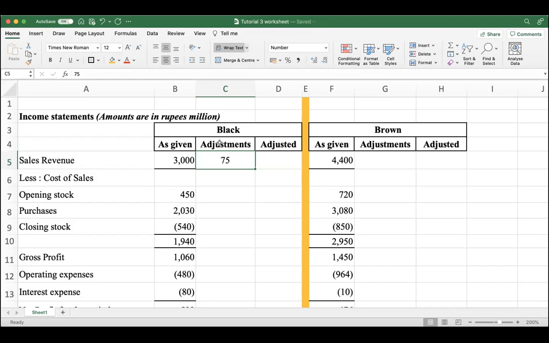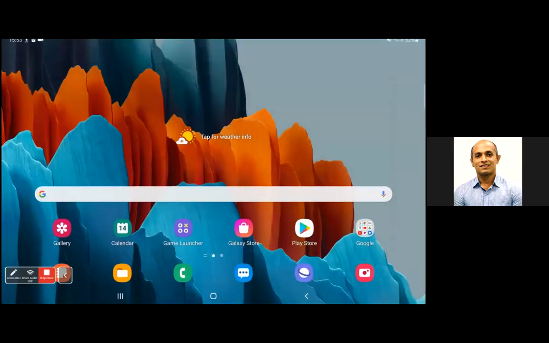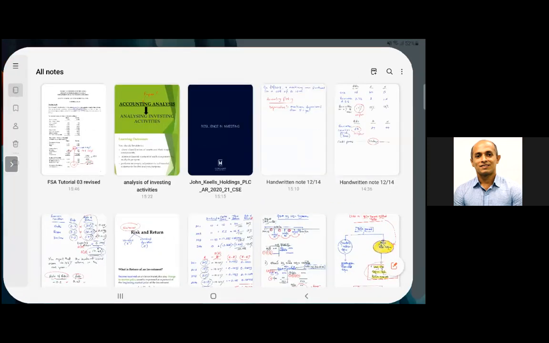Now let's see additional information number 2.